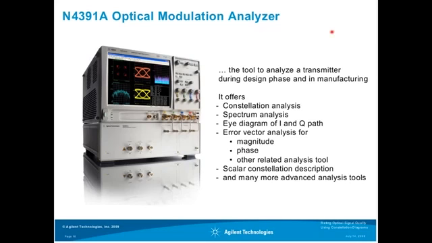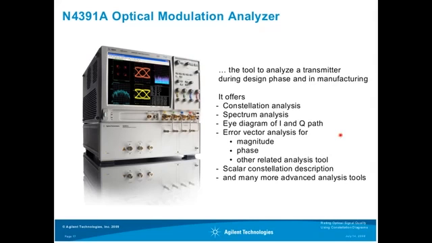One instrument to do this, and my analysis here is of course based on it, is the new optical modulation analyzer that we introduced at the OFC this March. This tool is used to analyze the transmitter during the design phase and also in manufacturing. It offers the constellation analysis, but besides this, it also offers spectrum analysis, eye diagram, display of I and Q paths, the error vector analysis of magnitude and phase, and other related analysis tools.